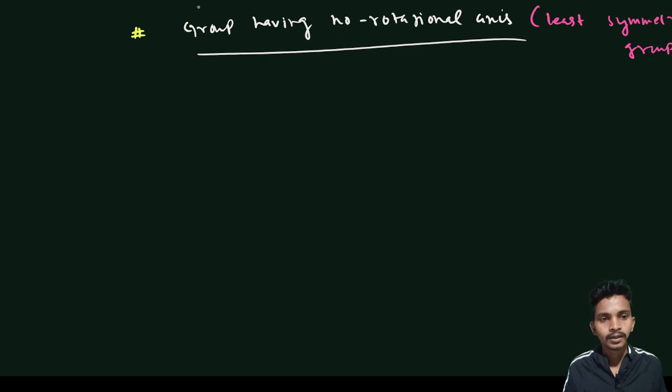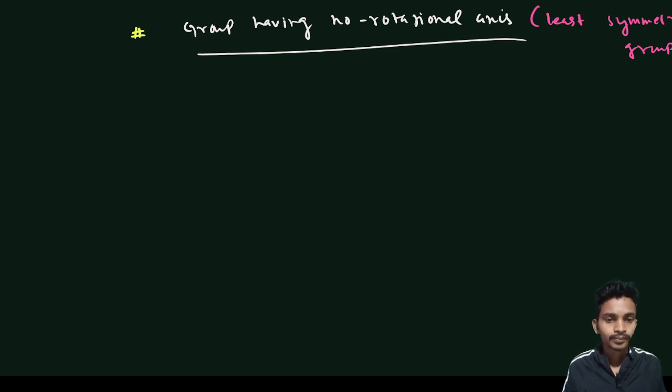If I give examples, all these groups should follow those four rules. It should follow the closure property, and it should have one element which commutes with all the other elements, and it should follow the associative multiplication rule, and all elements should have an inverse, and the inverse is an element of the group. So if these four rules are followed, then only we say that it is a group.